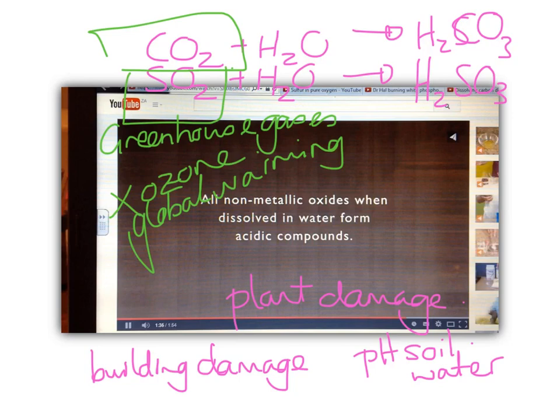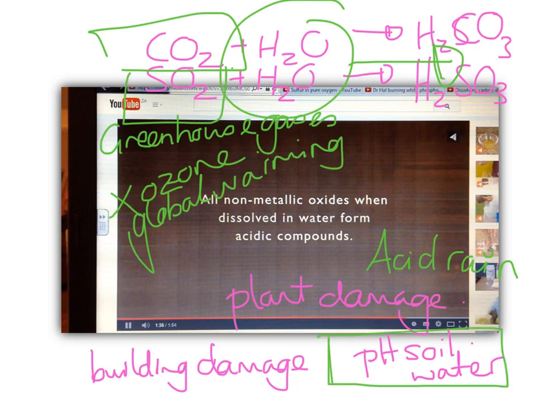But that's totally different. When you're talking about acid rain, you must not talk about global warming. You're talking about these two gases dissolving in water to form two acids, and acids upset the environment for plants and water-living animals. They cause damage to plants and to buildings, and that is the problem with acid rain.